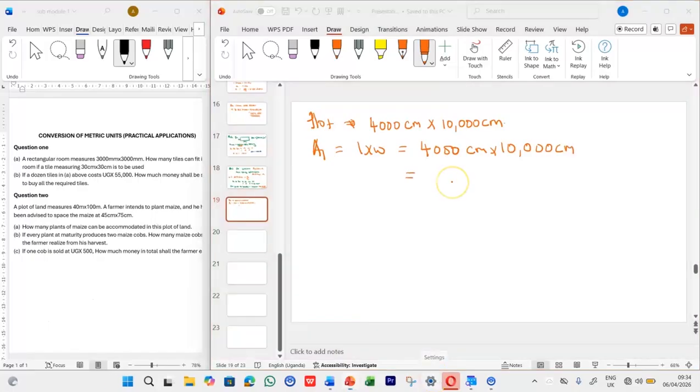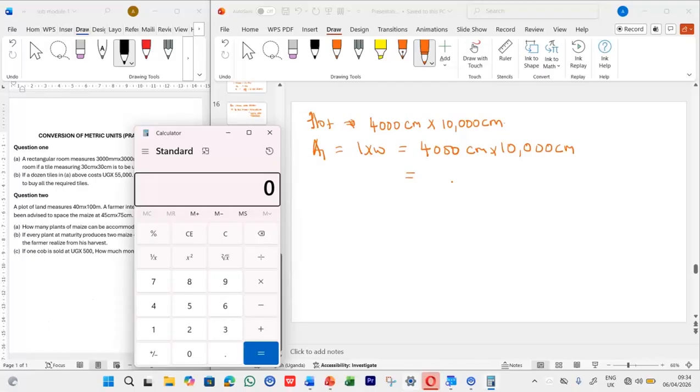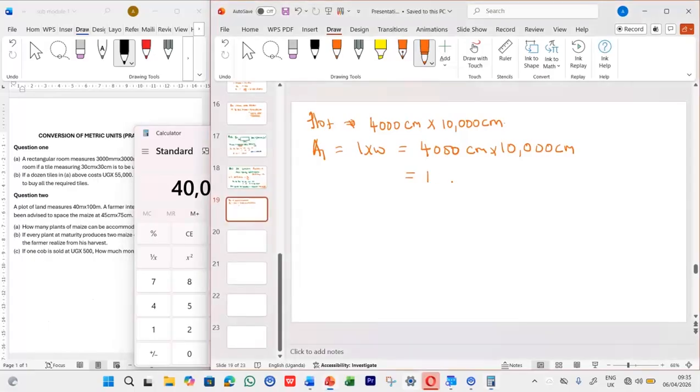Look for your calculator and do that: 4,000 times 10,000. You get 40 million centimeters squared. We have converted the plot from meters to centimeters, and we've also calculated the area A1.